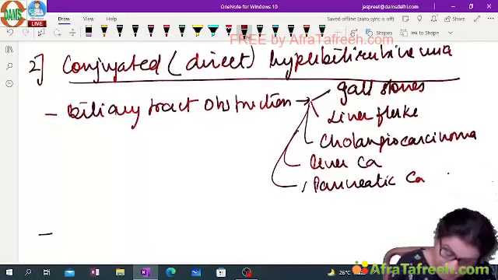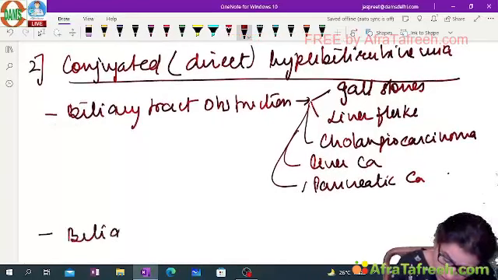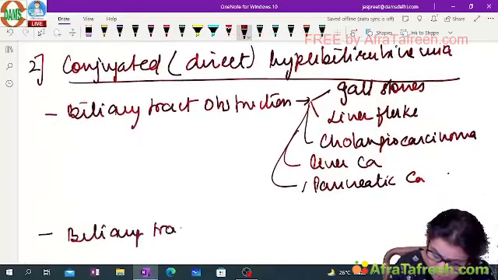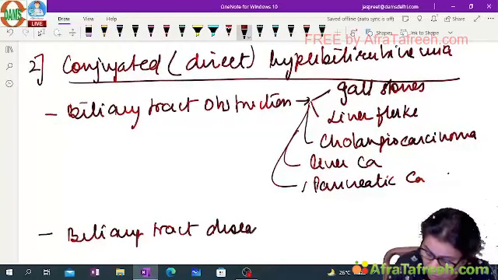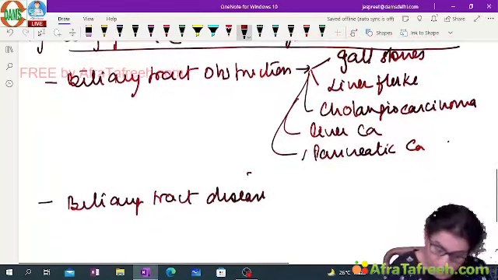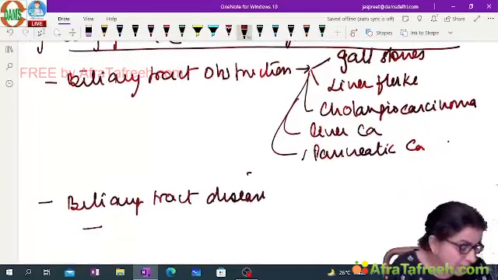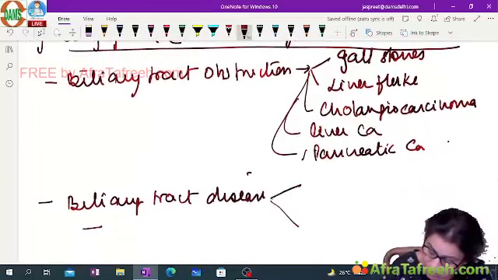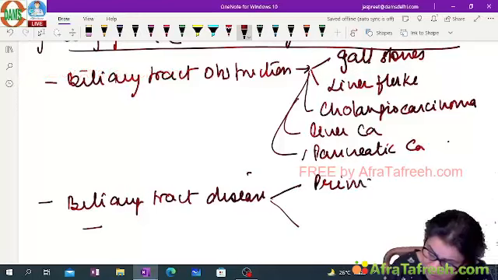Second is biliary tract disease. If there is a disease of the biliary tract, again conjugated bilirubin will not be able to go out in the stool. Here the two important diseases are primary sclerosing cholangitis and primary biliary cirrhosis.